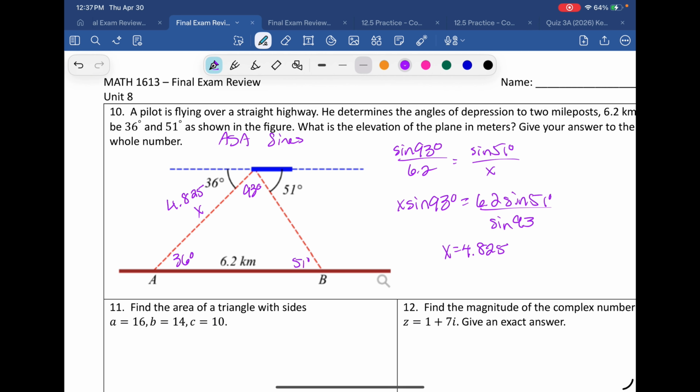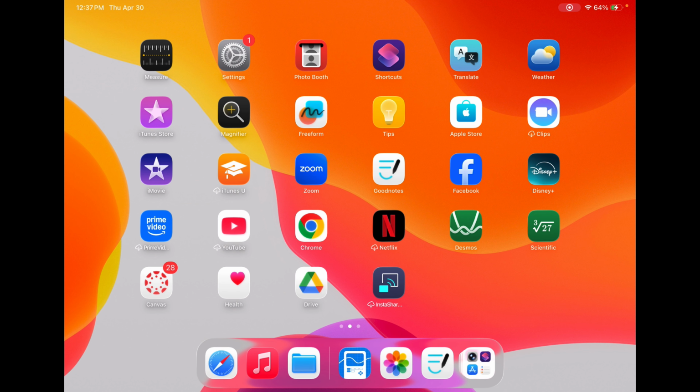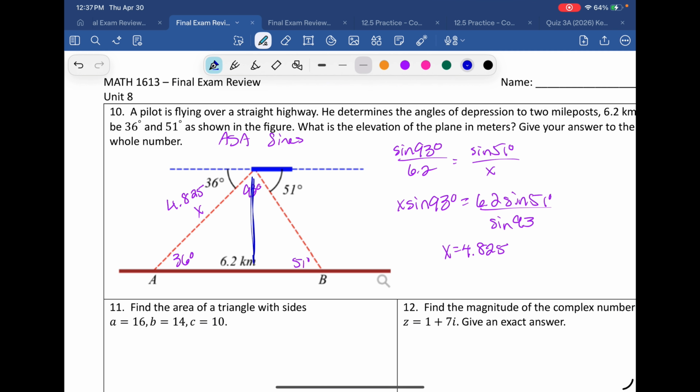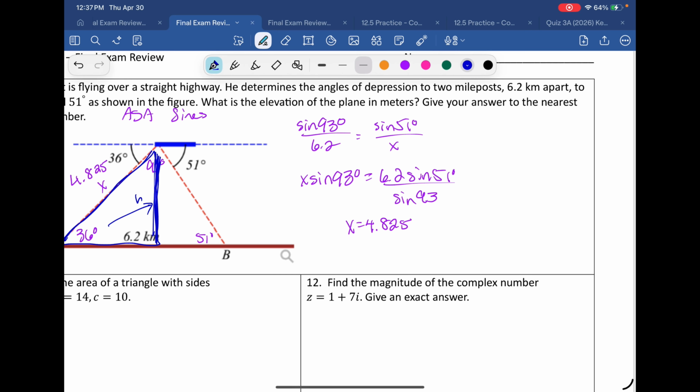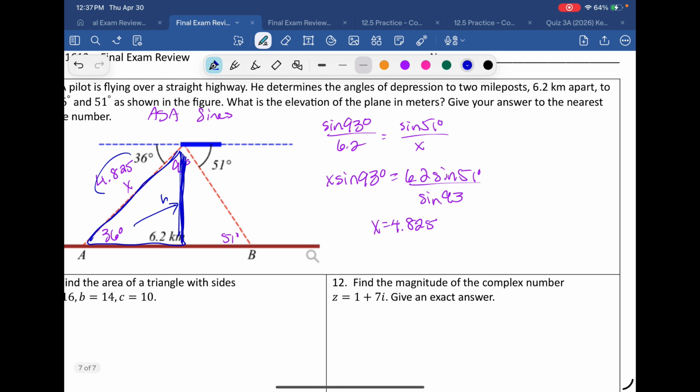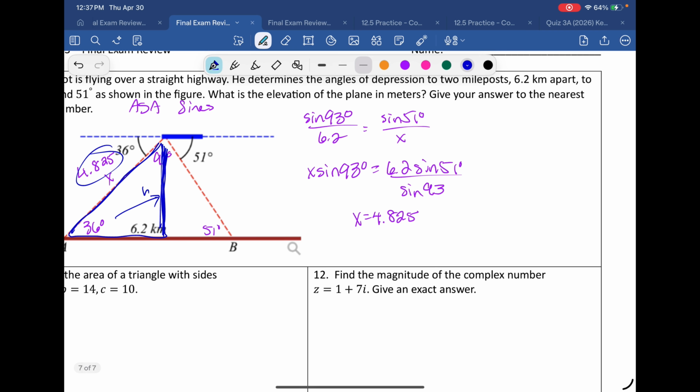All right, so the height comes from this guy. So I'm going to use a right triangle, specifically where the height is opposite, and I have the hypotenuse, which is the 4.825. So I'm going to use sine, opposite over hypotenuse.